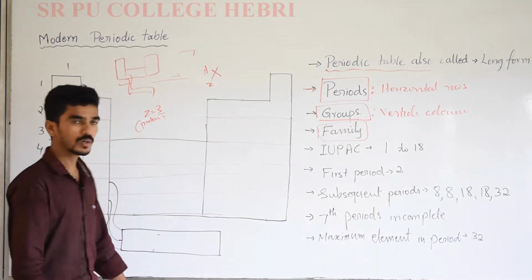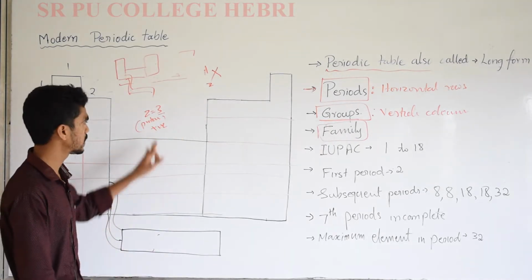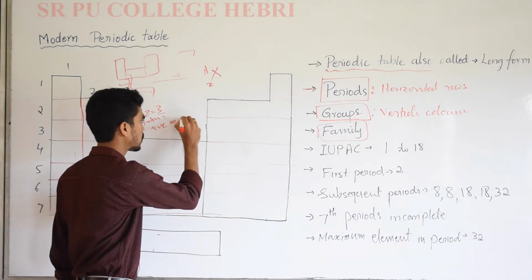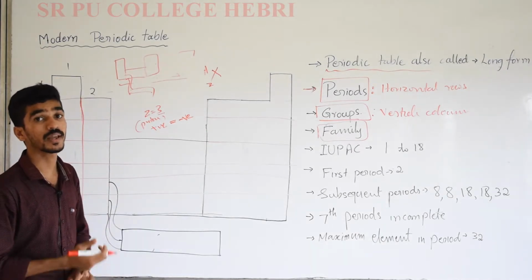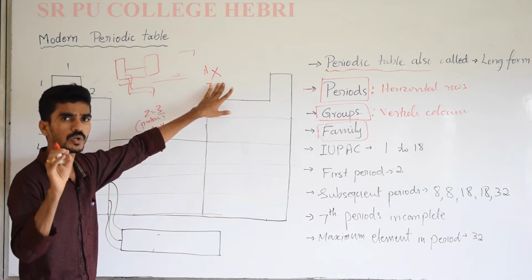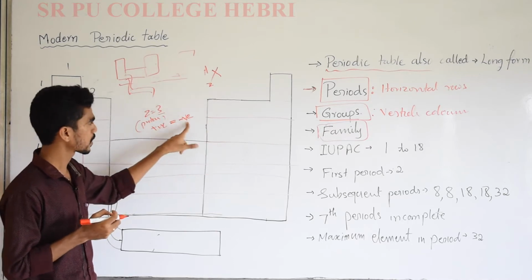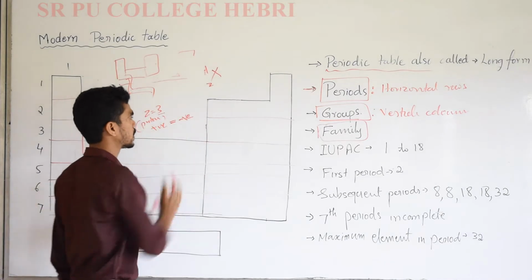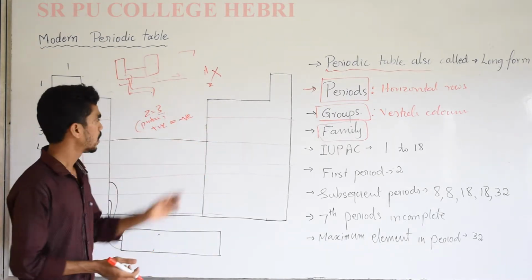A proton is a positively charged species, and this equals the number of negatively charged species, which are electrons. Any atom consists of protons, neutrons and electrons. Neutrons are neutral, protons are positively charged, and electrons are negatively charged. So the periodic table is based on the atomic number as well as electrons.